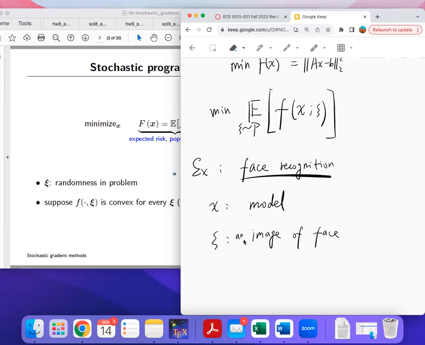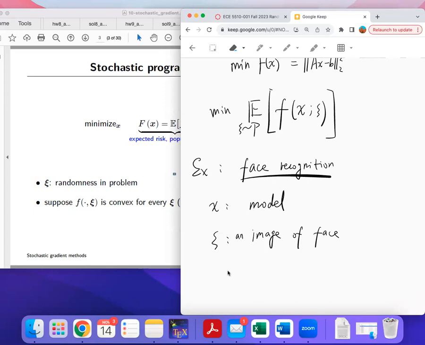Okay, it's an image of a face. And this F is what you basically apply this model to recognize this image. And this F tells you how the performance is, like the loss, the classification loss, or some other loss that you are interested in. Right?